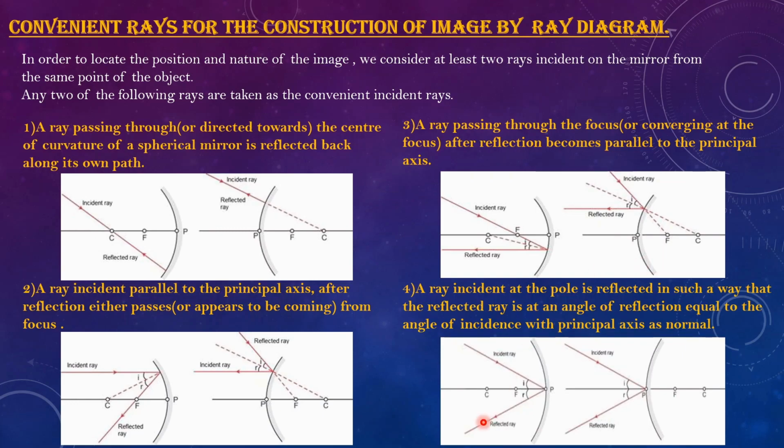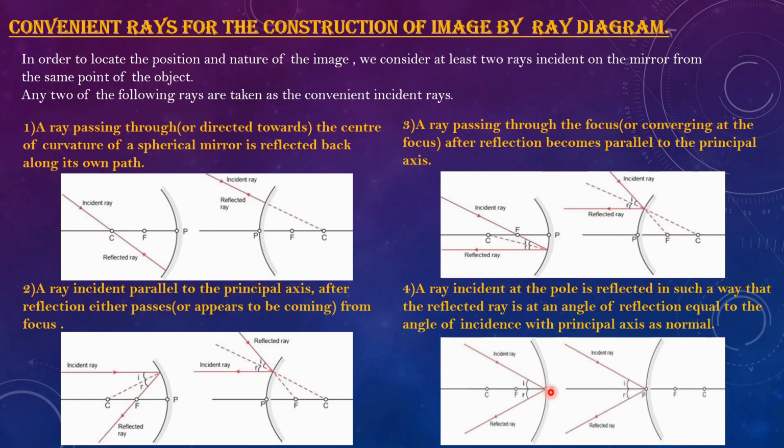A ray incident at the pole is reflected in such a way that the reflected ray is at an angle of reflection equal to the angle of incidence, with the principal axis as normal.